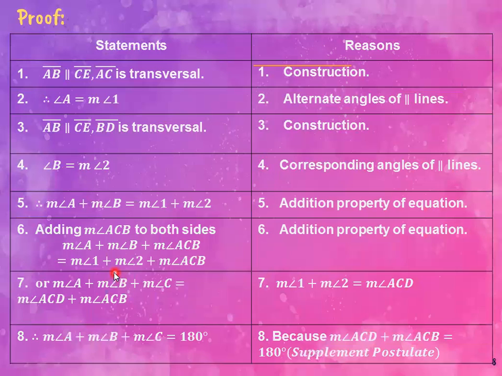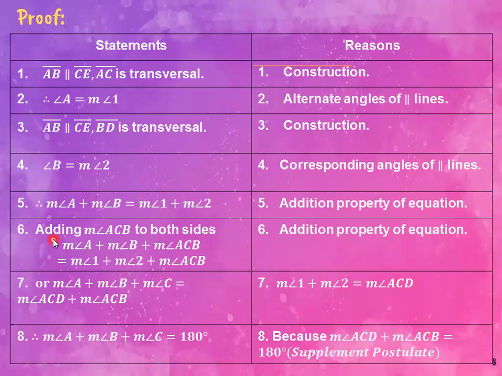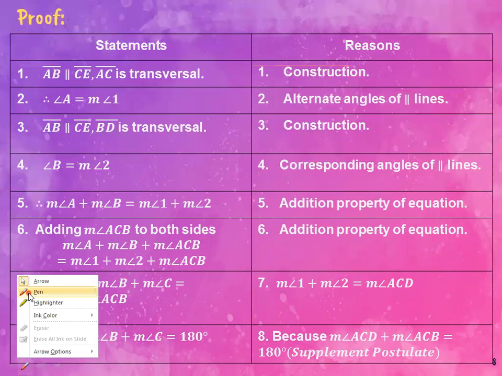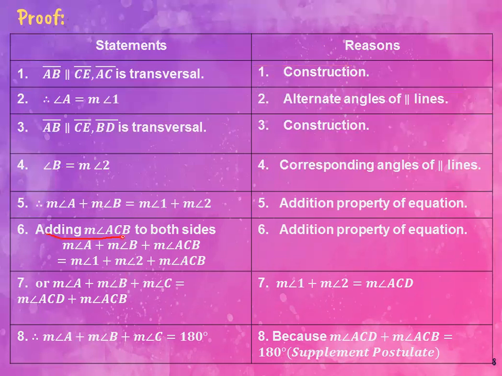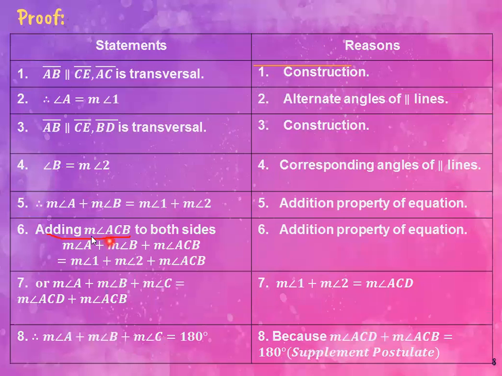Now look at here, point number 6: adding measurement of angle ACB. Now which is ACB? This one, this is ACB. What we are going to do is add the measurement of angle ACB to both sides.